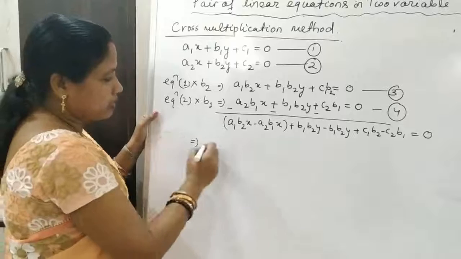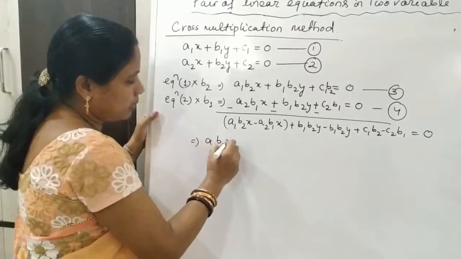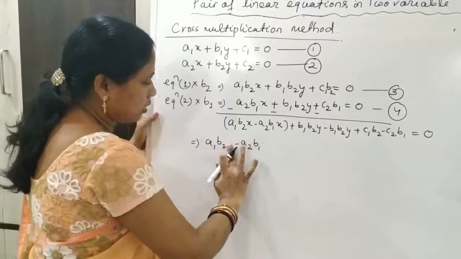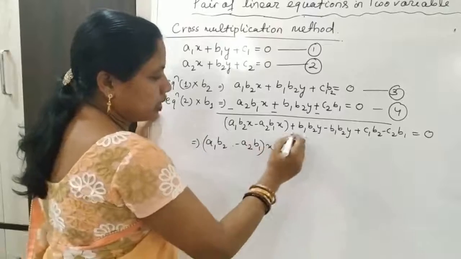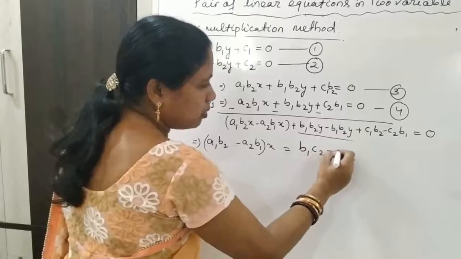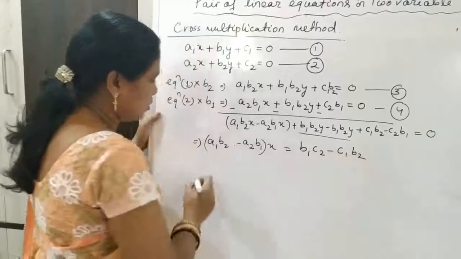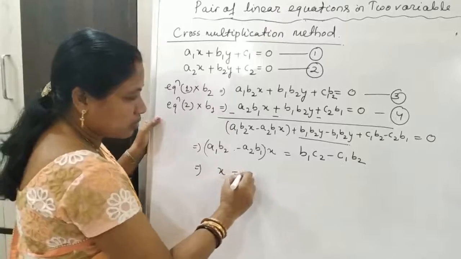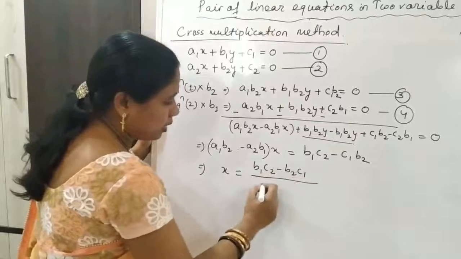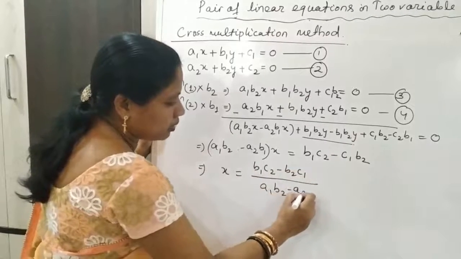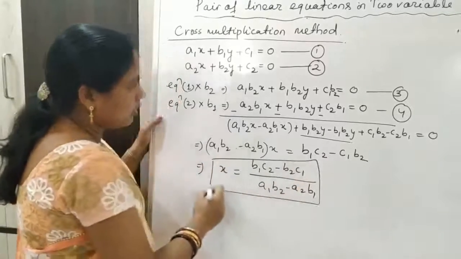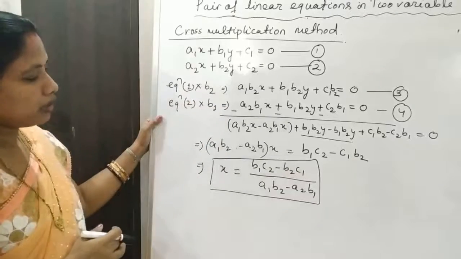This implies a1 b2 minus a2 b1, whole into x, since x is common here, is equal to b1 c2 minus c1 b2. So x is equal to b1 c2 minus b2 c1 by a1 b2 minus a2 b1. This is the value of x in this pair of linear equations in two variables.